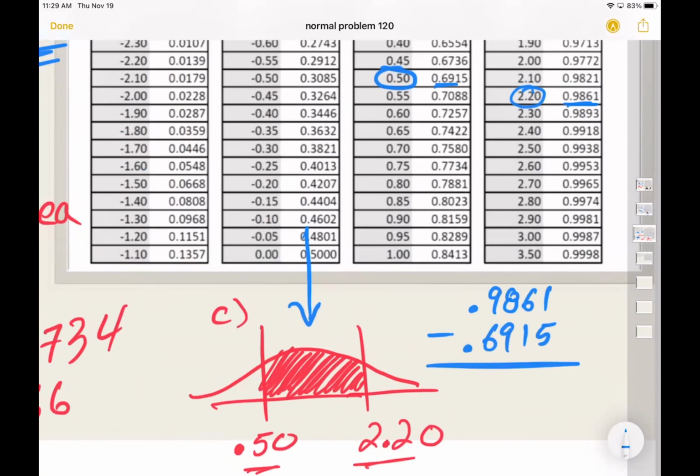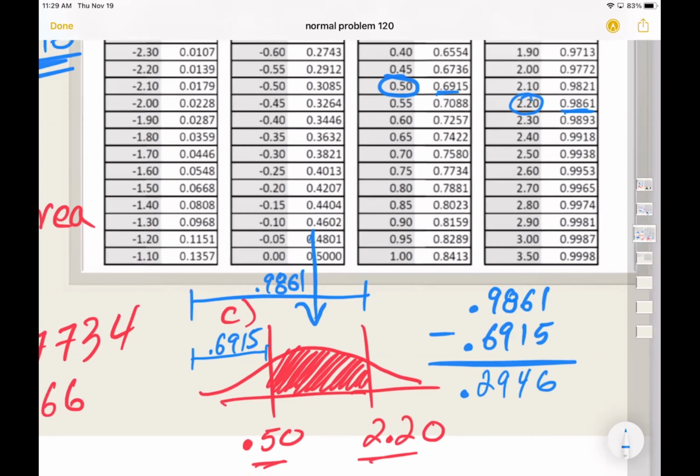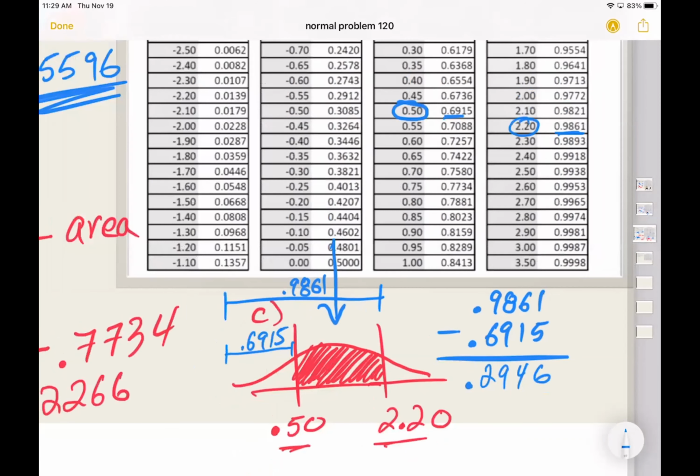I need to take the larger area, from here to here, 0.9861, minus the smaller area, which is 0.6915. So if I subtract this out, you should see that what I have is 0.2946. So the area in between these two numbers is 0.2946.